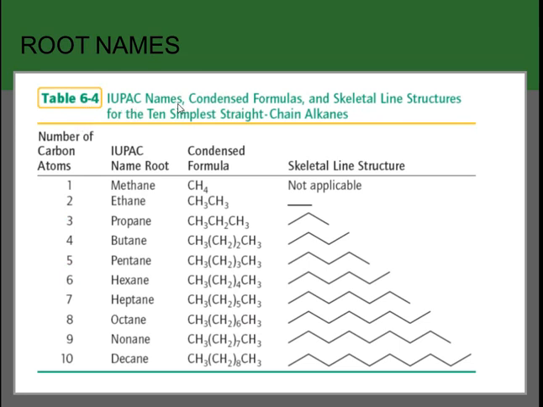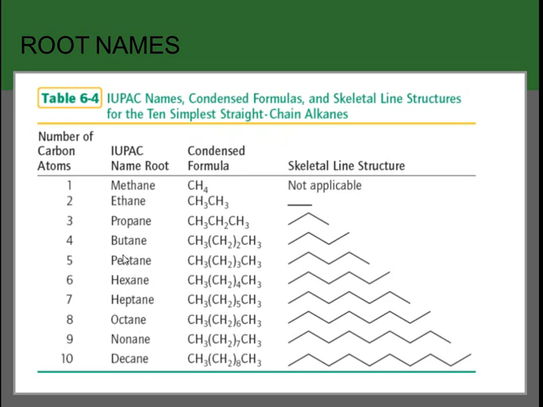It shows us the IUPAC names, the condensed formulas, and the skeletal line structures for the 10 simplest straight chain alkanes. If there's one carbon, we call it methane, 2 carbons ethane, 3 propane, 4 butane, and after we get to 5 carbons, the names proceed in a more logical manner: pentane, hexane, heptane, octane, nonane, and decane.